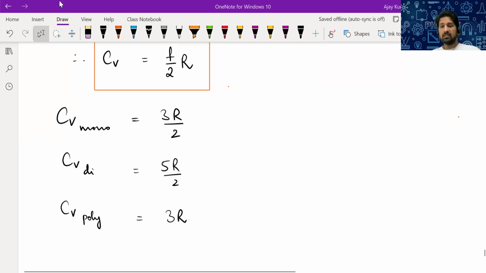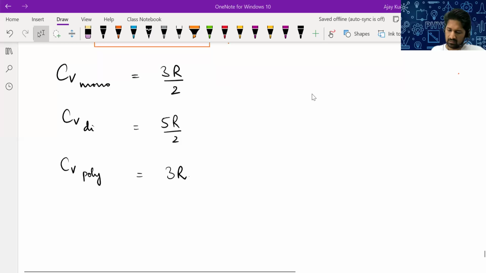And today we solved one problem, right, where we considered a mixture of gases, n1 moles of one type of gas having Cp1, n2 moles of another type of gas having Cp2, and we derived the effective molar specific heat. We can do the same with Cv also.